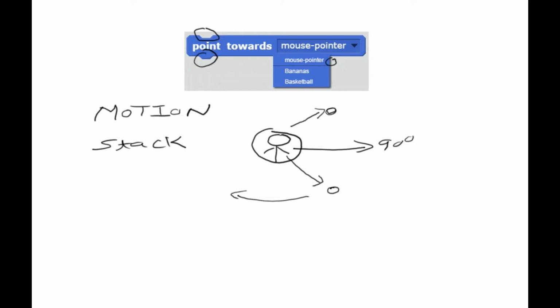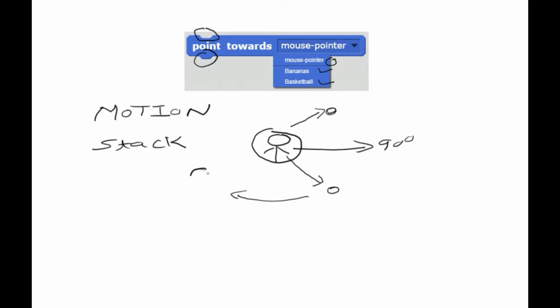Now, if you look at the drop down, you can point toward your mouse direction as well as any other object on your stage. Right now, I just took an example where my stage has a sprite called banana and a basketball. So you can say, okay, point my cat toward bananas, or point my cat toward basketball.